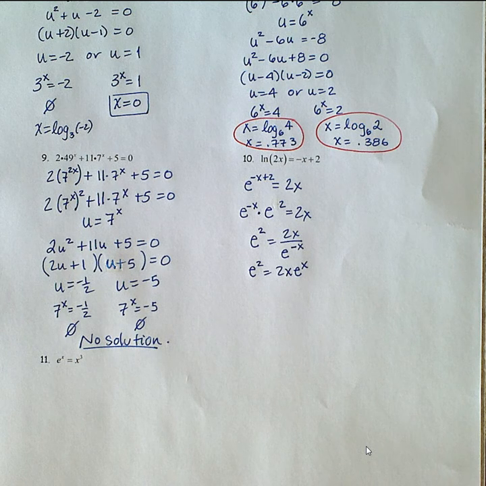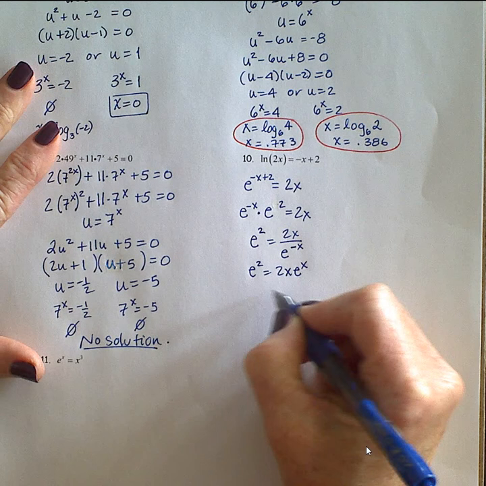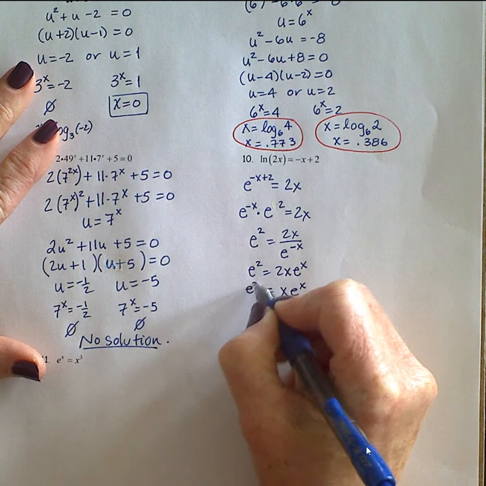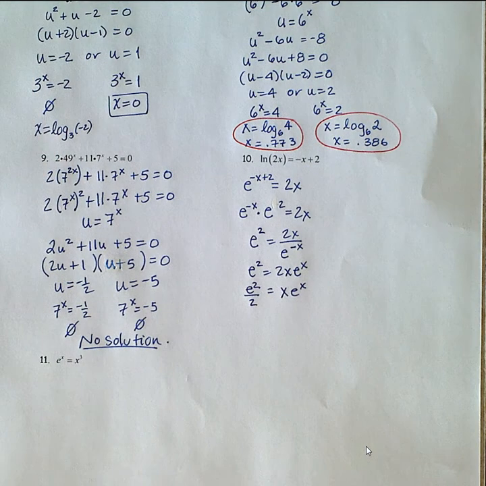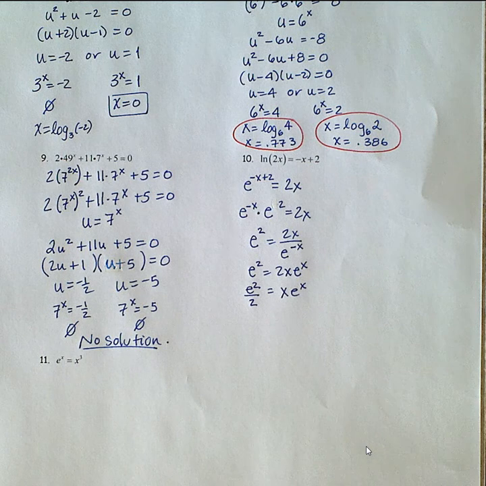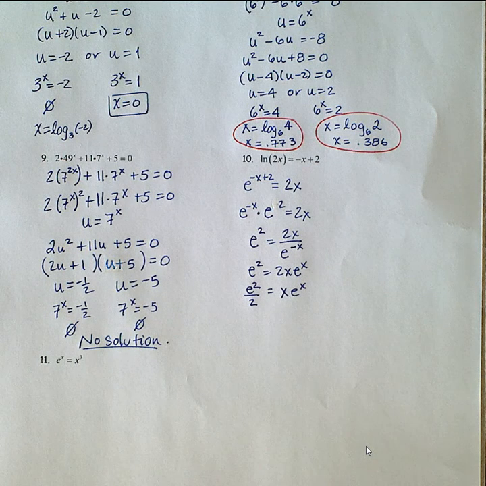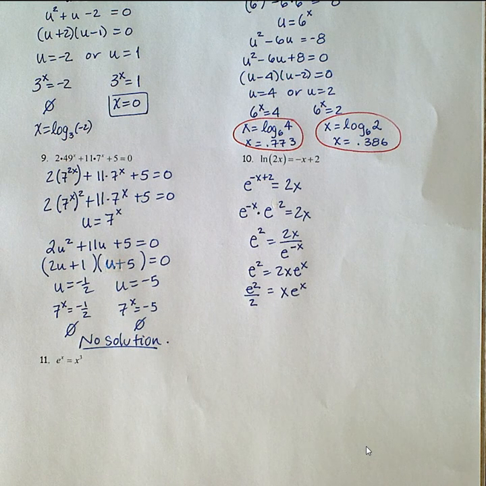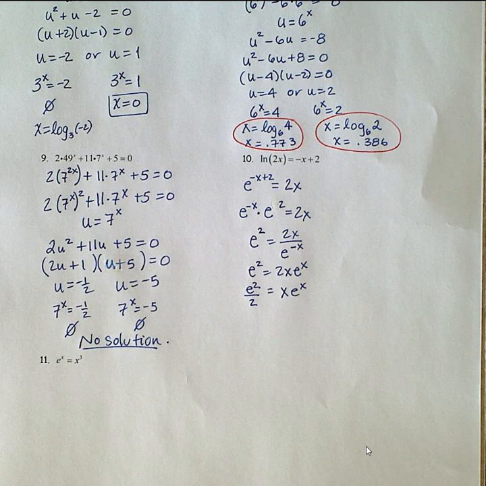Now what? So close. Divide by 2? Sure. x e to the x equals e squared divided by 2. Okay. Now what? Gotta get an x equals.